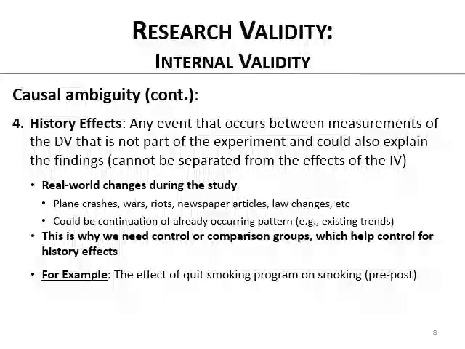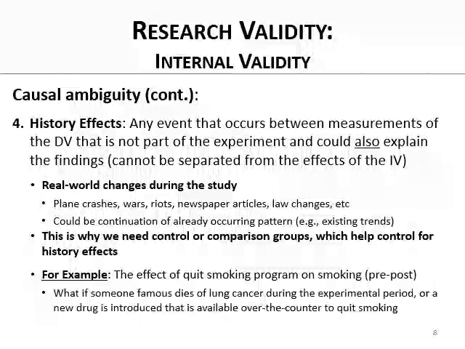So for example, let's say you're looking at the effects of a quit smoking program on smoking, and it's a pre-post design, so you measure them before and after the smoking program. But what if someone famous dies of lung cancer during the experimental period, or a new drug is introduced that's over the counter and helps people quit smoking, or some big study comes out about some new cancer that's caused by smoking?